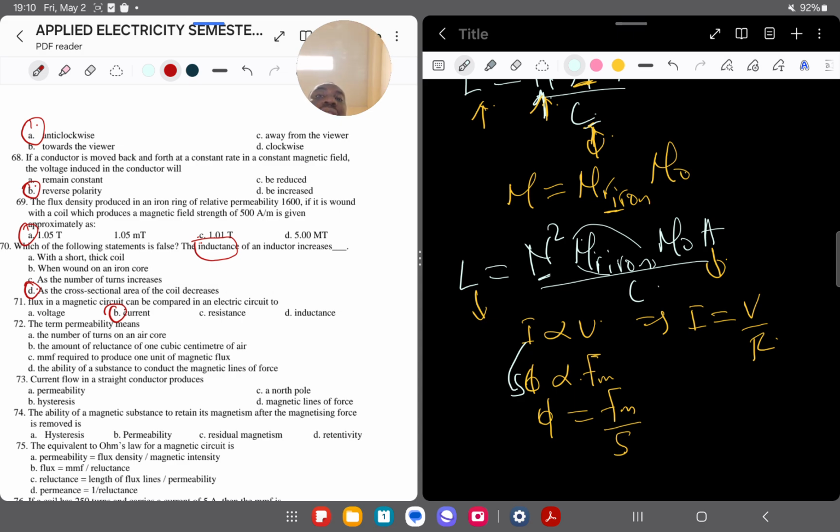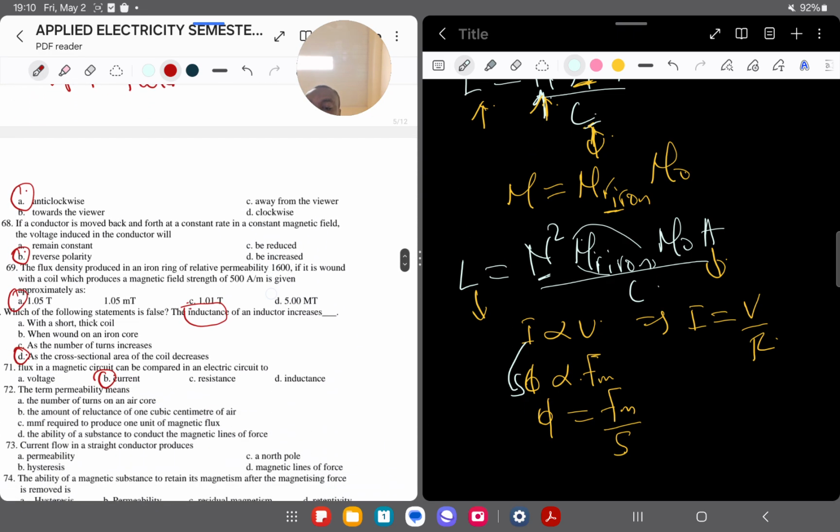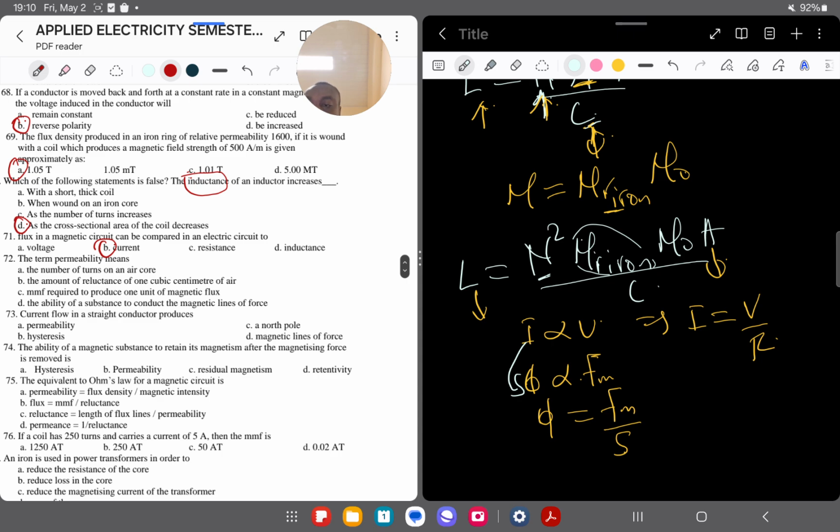We are referring to the magnetic field. So the answer here for 72 is going to be D.